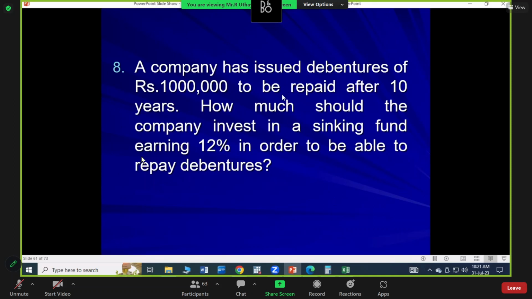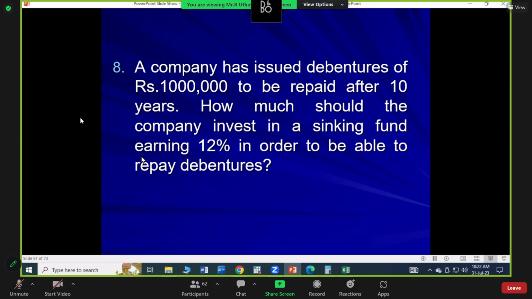So in this case, you can identify the debenture 1 million. What type of value is it? This is a future value, as issued a debenture to be repaid after 10 years. So the problem is that you want to have this money after 10 years, 1 million.